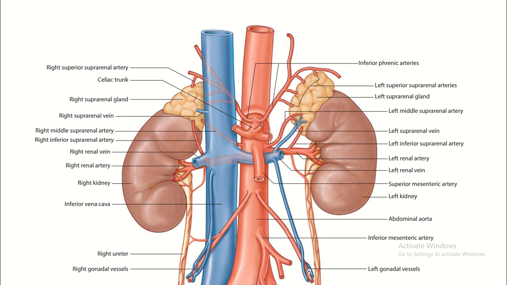The right testicular vein actually drains directly into the inferior vena cava. You can see right here, and the left testicular vein drains via the left renal vein, right, and the latter drains into your inferior vena cava. So that's it about the venous drainage, right?